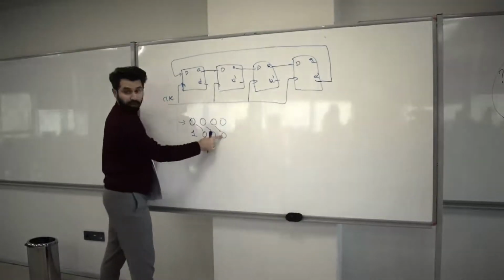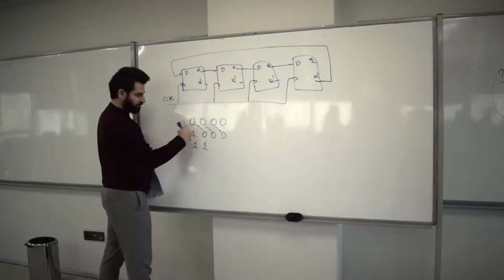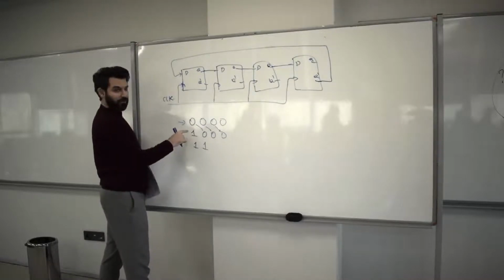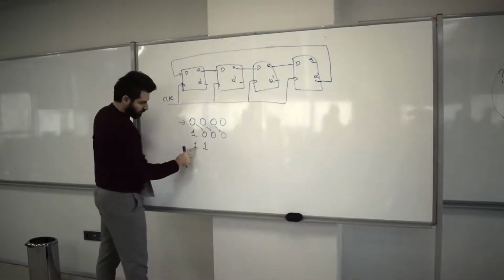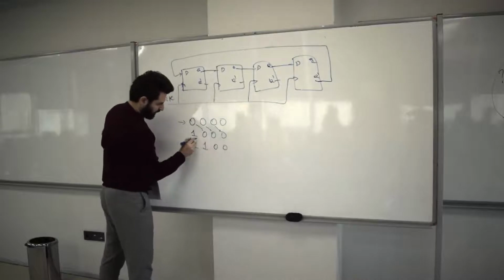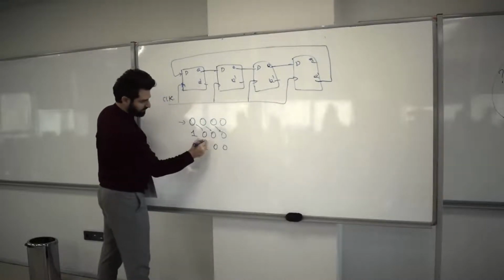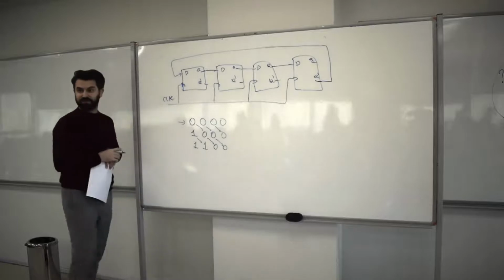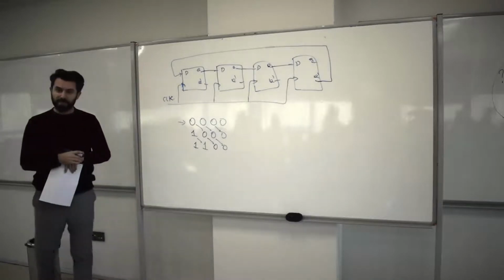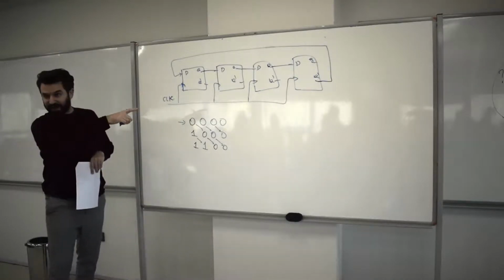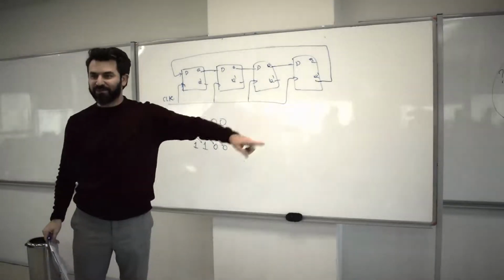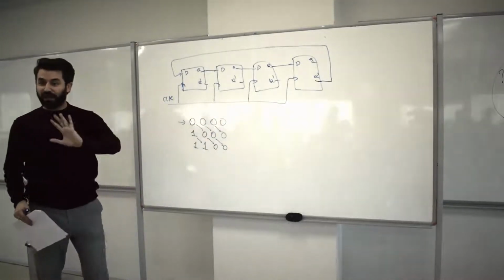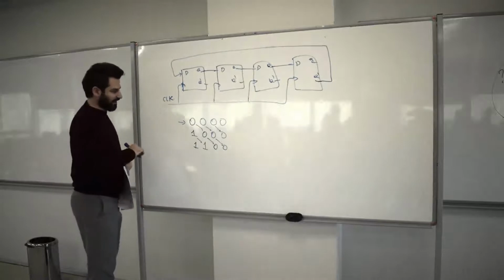This is still 0, so a 1 is fed back into the first flip-flop, making it 1, 1, 0, 0, because each bit is shifted to the right. Correct. Your question is that this doesn't seem like we're generating something similar to that? Absolutely, I'm going to come to that.